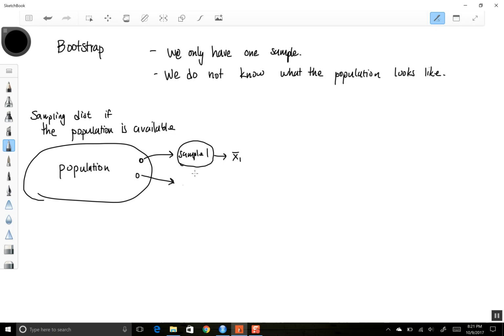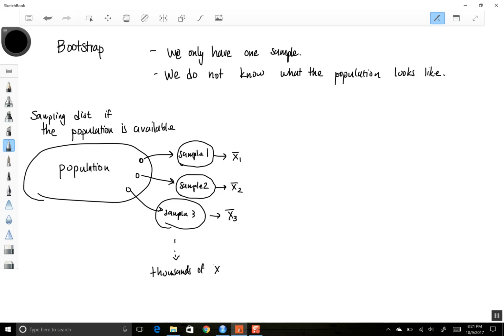Then we take another sample, we do sample 2, and we get X bar 2. And then we get sample 3, and we repeat this, and we can do this over and over if the population is available to us, right? We can just do this thousands of times.